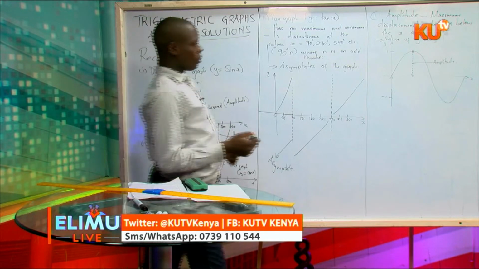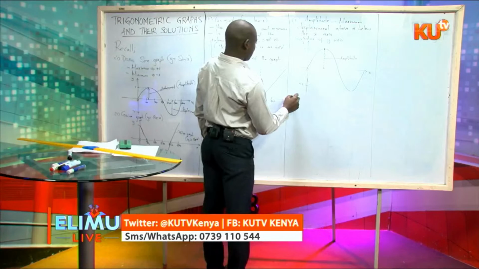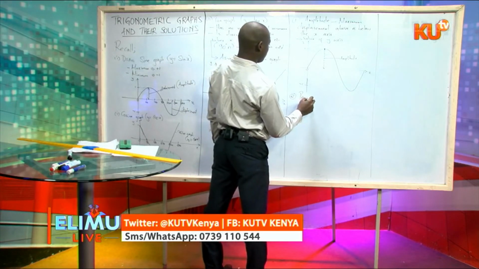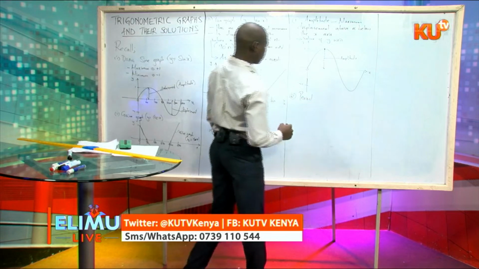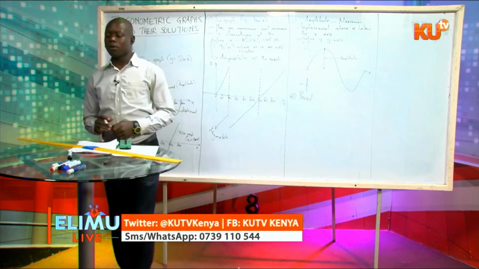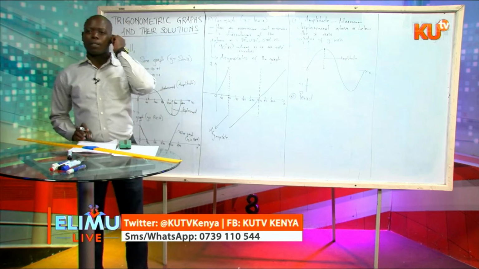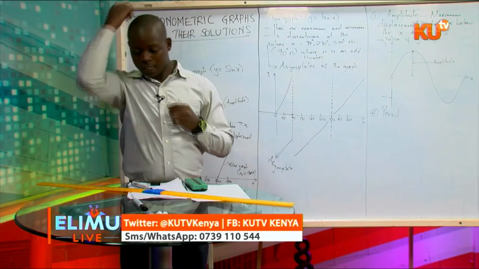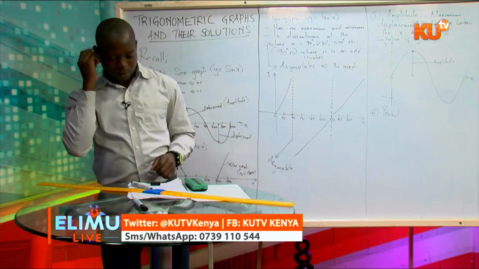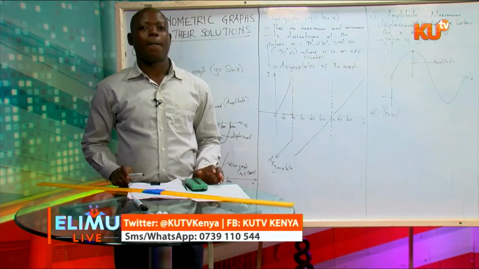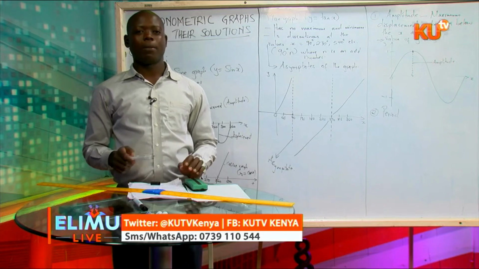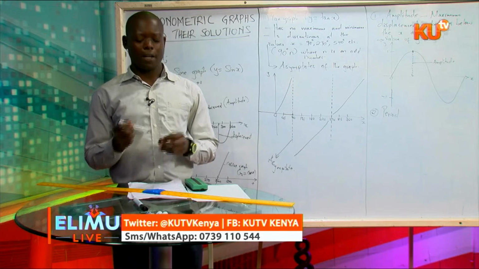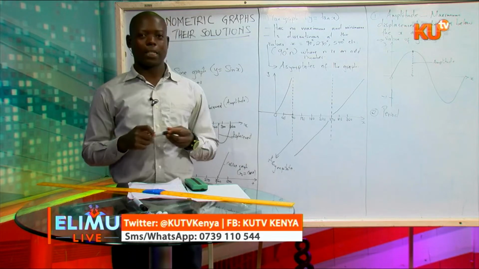Number 2, we are going to see how to identify the period of a graph. When we are discussing the period, we need to know that it is simply the time taken to make one complete oscillation. That is how we define a period in physics.